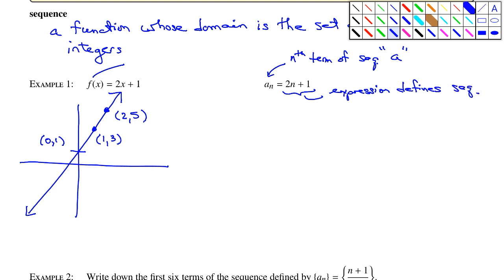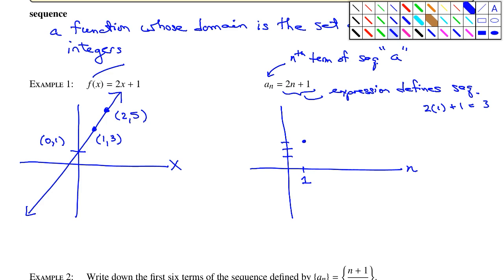Well, let's look at the graph now. For starters, we're only allowed to use positive integers for the n. So this is the n-axis, as if this were the x-axis, and this would, of course, start at 1. The value for 1 would be 2 times 1 plus 1, which is 3.